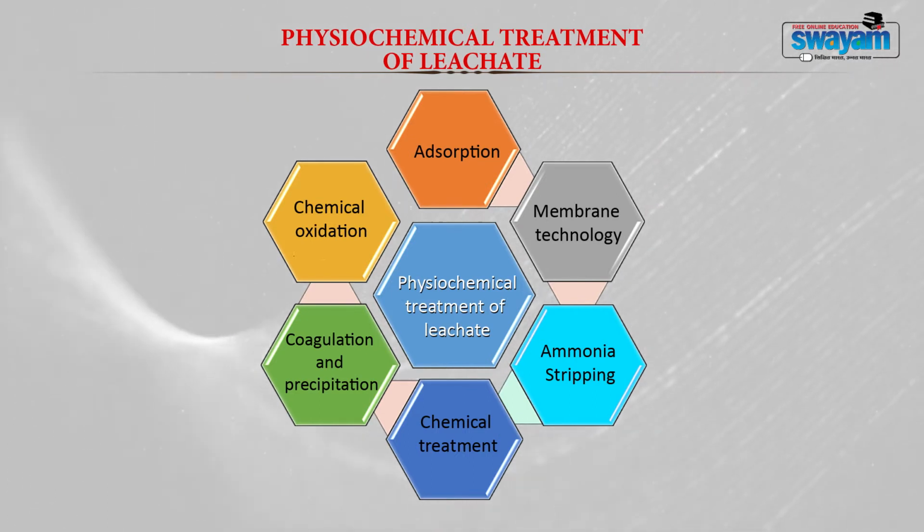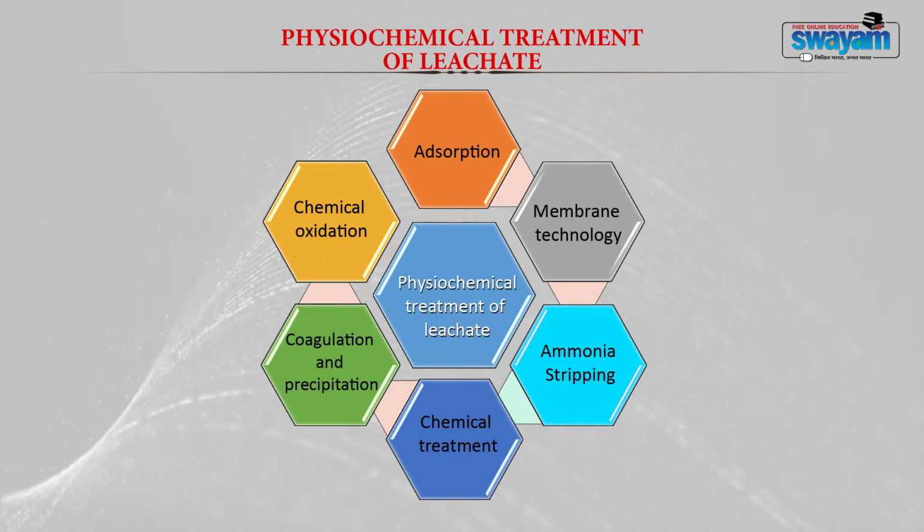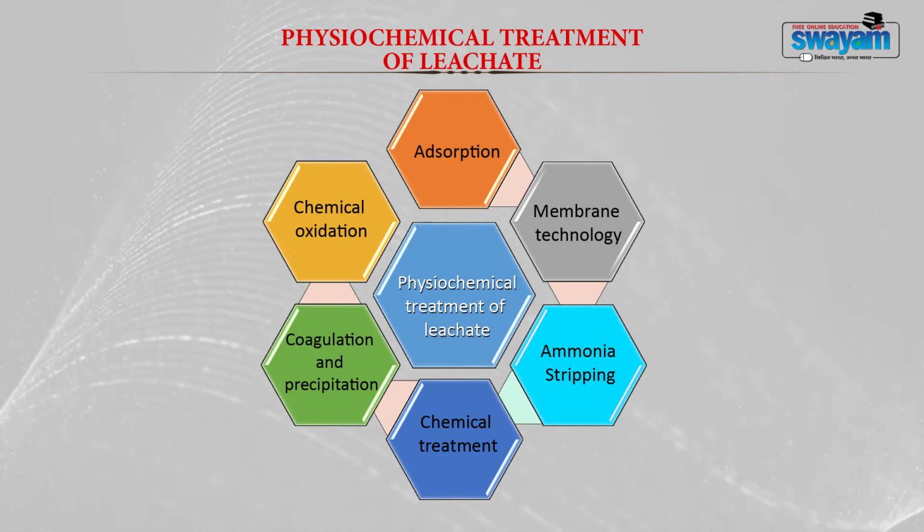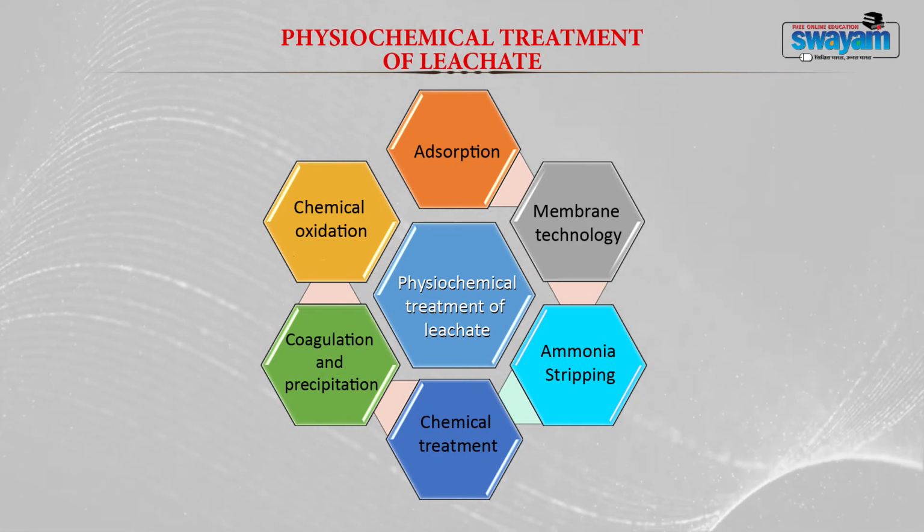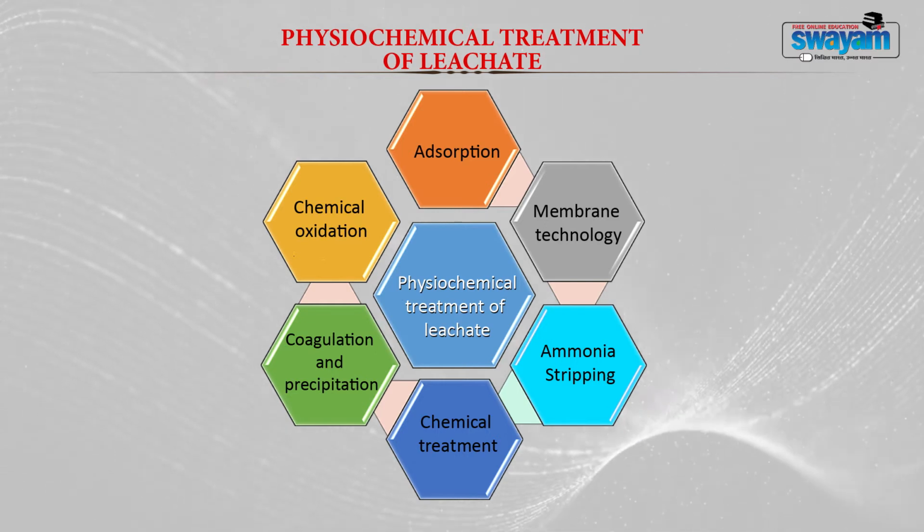In coagulation and precipitation, you use certain chemicals to precipitate or coagulate the harmful toxic pollutants present in the leachate. These precipitates will then be removed by sedimentation. This treatment method is generally used to remove high molecular weight organic materials like fulvic and humic acids.